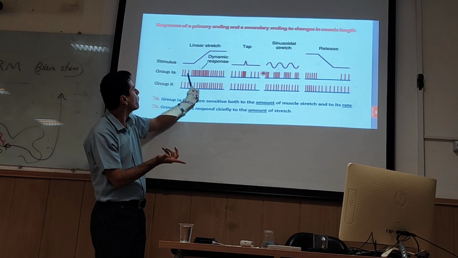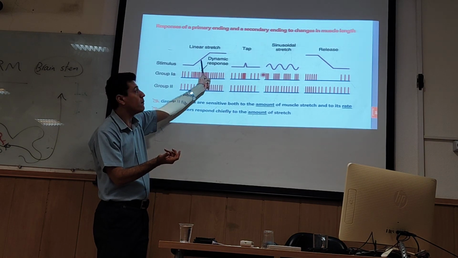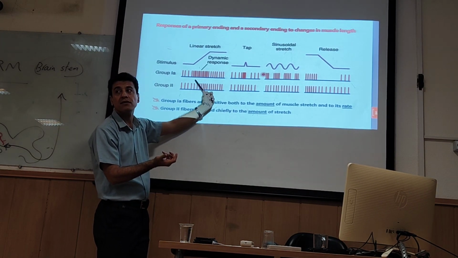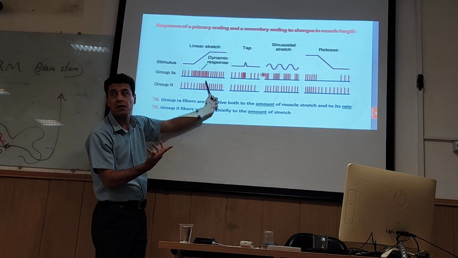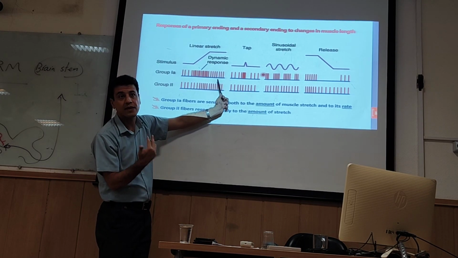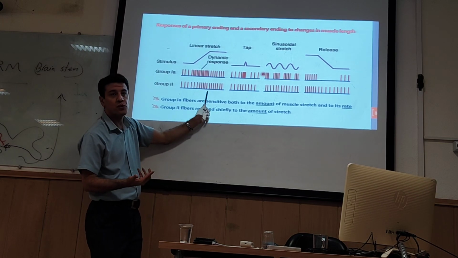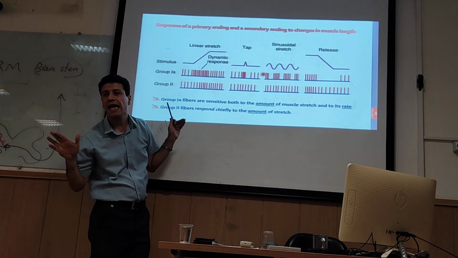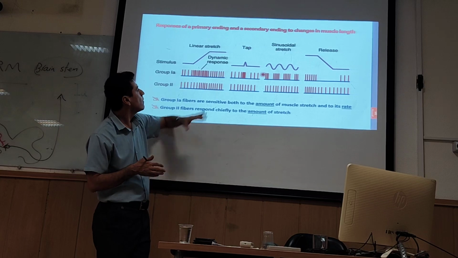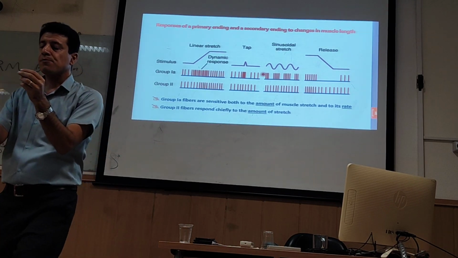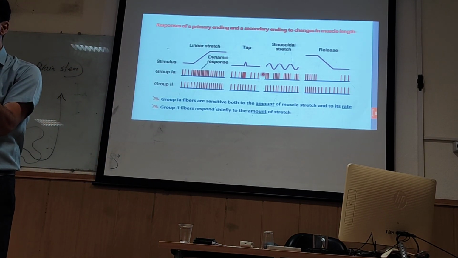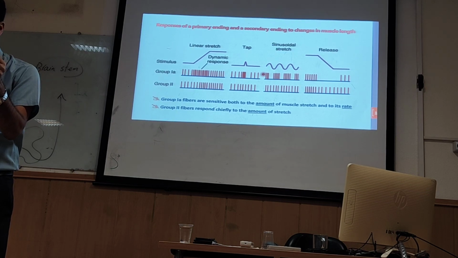So it goes from 3 to 10, from 10 to 6. 10 is the dynamic response, 6 is static. Group 2 fiber only sends static. So this was the response of the muscle spindle to stretch and hold stimulation.